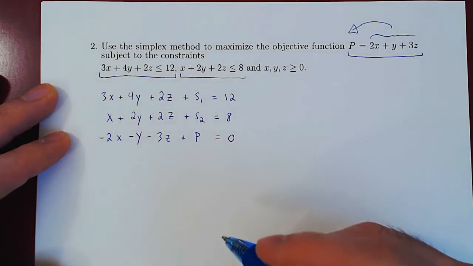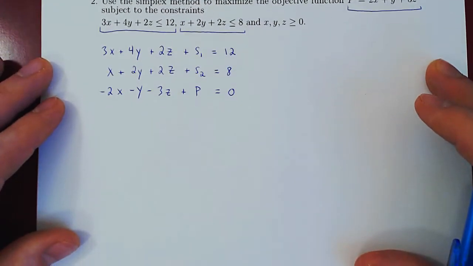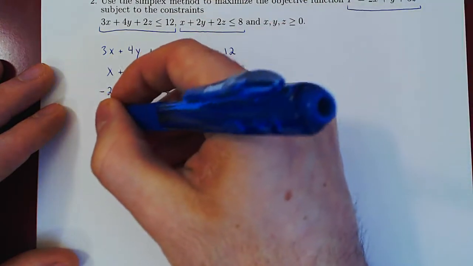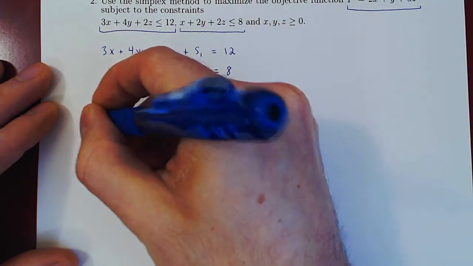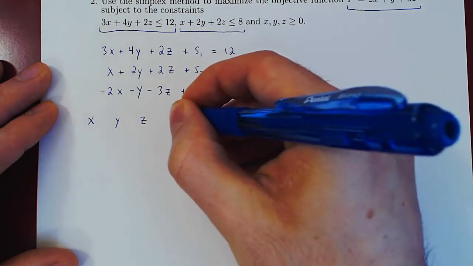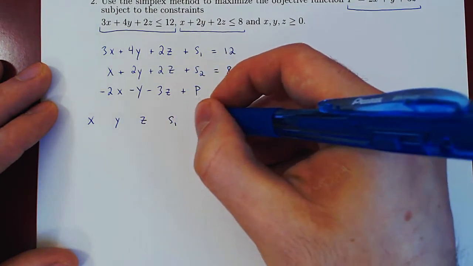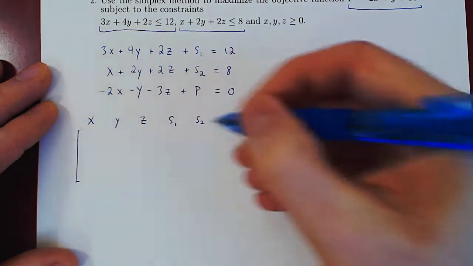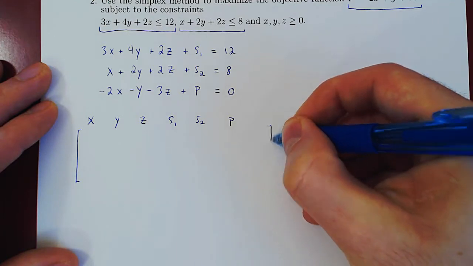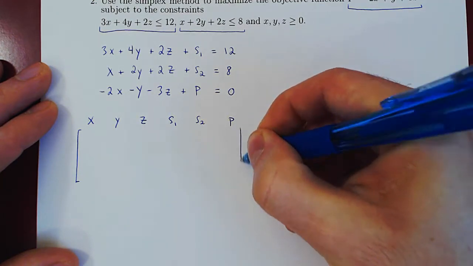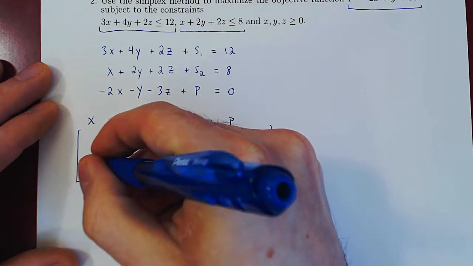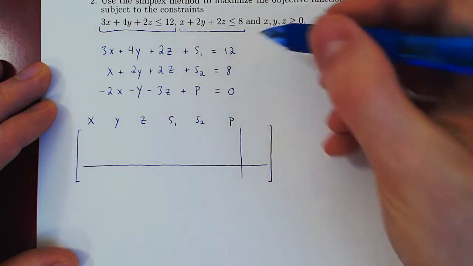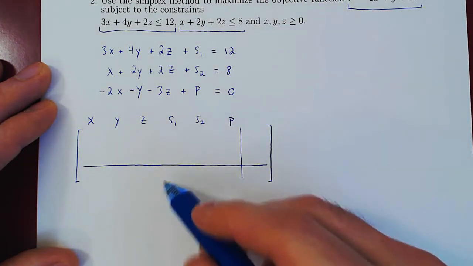And now we can construct the initial simplex matrix. So the variables x, y, z, the slack variables s1, s2, and the objective function p, as always, we separate the rows coming from the inequality, so the first two rows, with the row coming from the objective function.